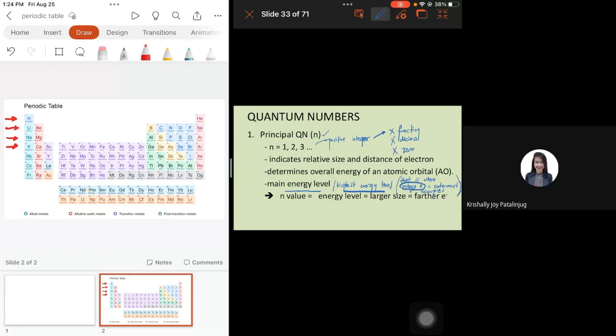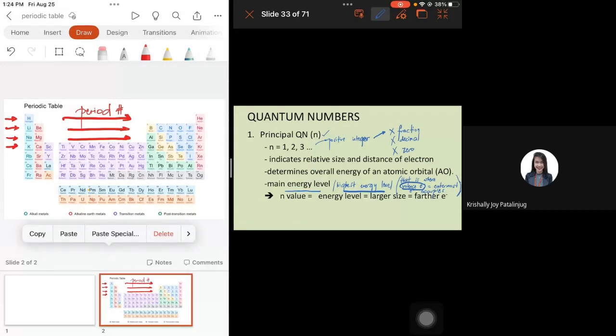The horizontal row is the period, the period number of the atom. So which period that atom resides in, that's the n value or the principal quantum number.